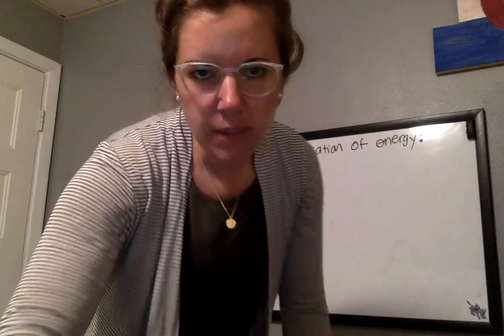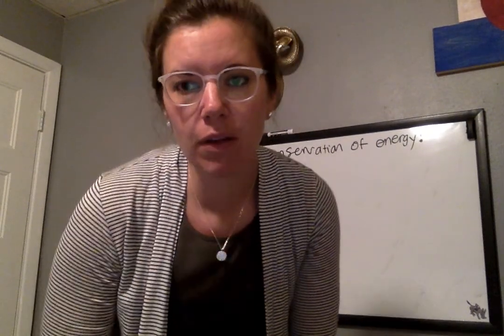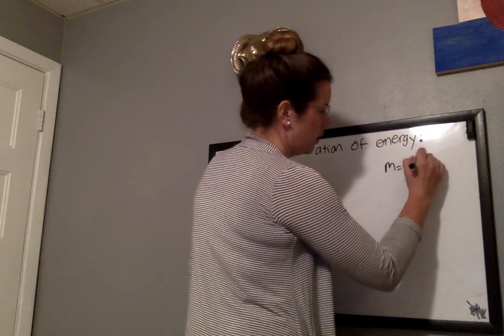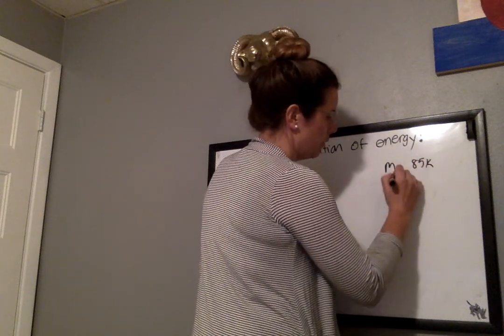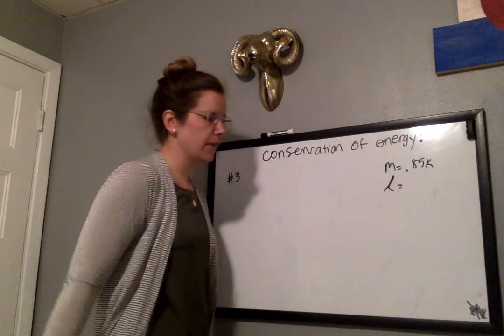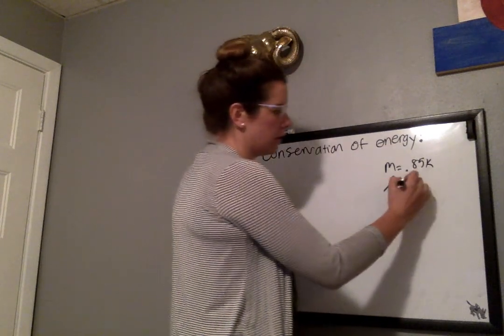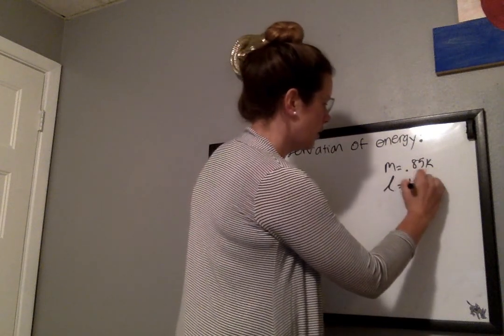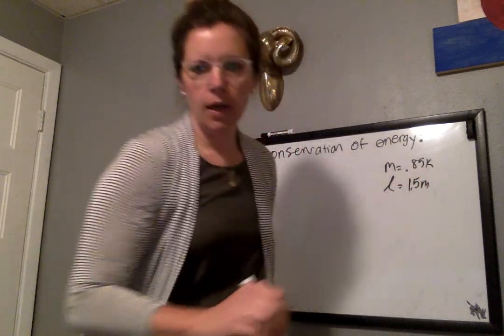Number 3. A simple pendulum consists of a bob of mass 0.85 kilograms. You have the length of the string. Length, I drew in a cursive L because that is how it's represented on your equation sheet. 1.5 meters.